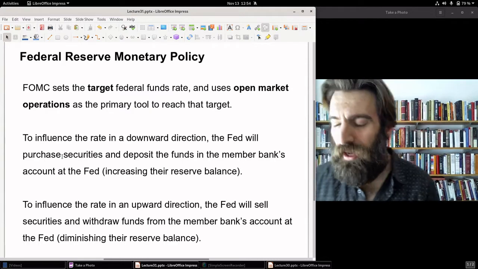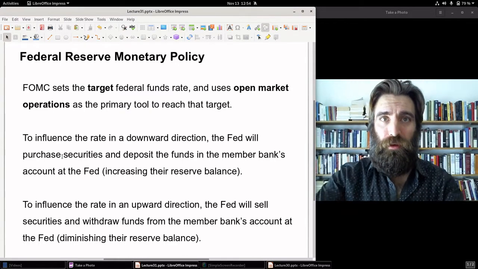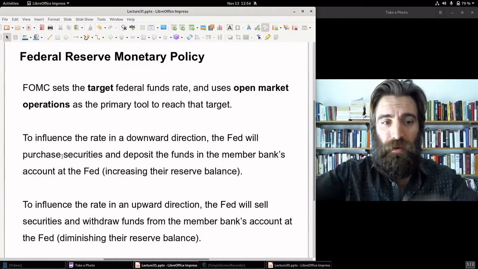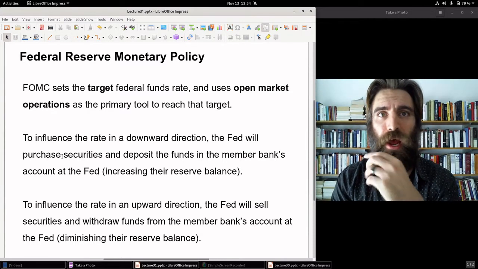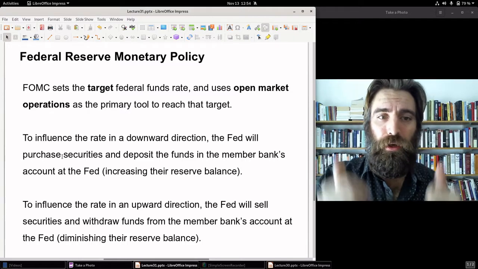Now, let's say the Federal Reserve later decides it wants to raise the federal funds rate. How do you raise the federal funds rate? How do you cause the rate to go up?